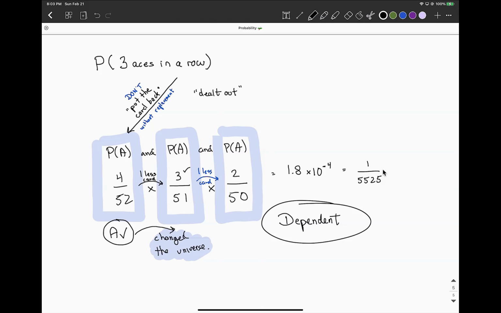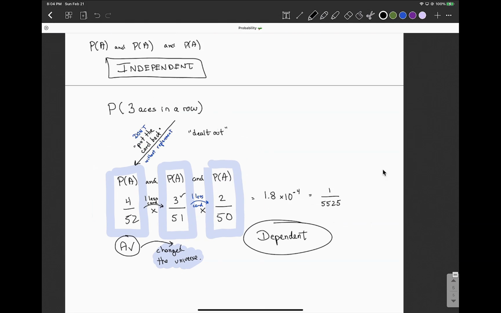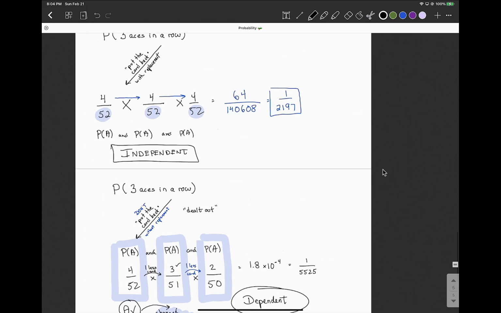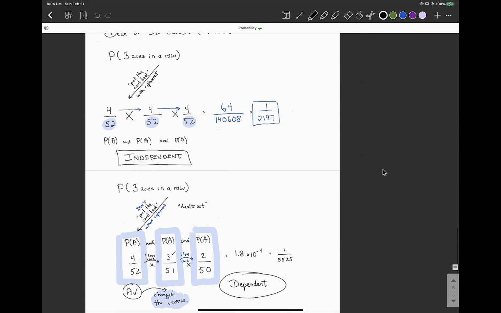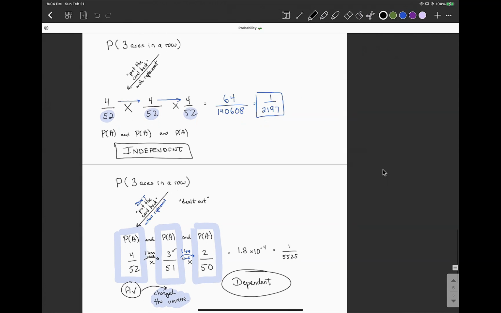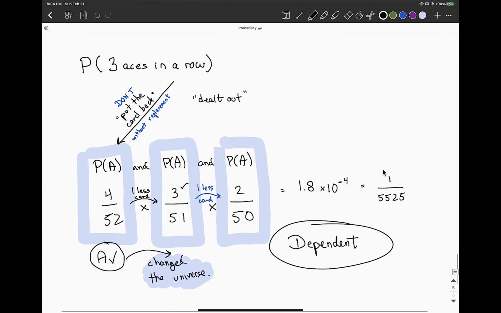The whole chain of events was dependent on the outcome before. As in the countdown, taking out that card changed everything. And we multiply these probabilities together to create new combined total probabilities in a multiplication scenario.